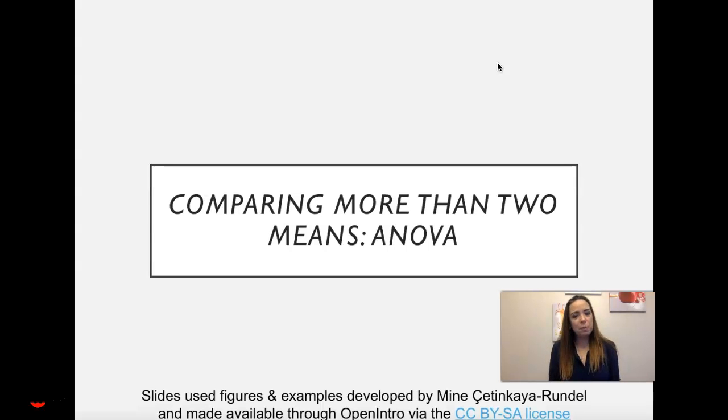And to compute this probability, I introduced you to the concept of a sampling distribution, which is a distribution of means, or a distribution actually of any statistic that would allow us, under the assumption that nothing is going on under the null hypothesis, to then look at the value that we observed in our sample and see how likely it is that this particular mean difference would happen by chance alone.